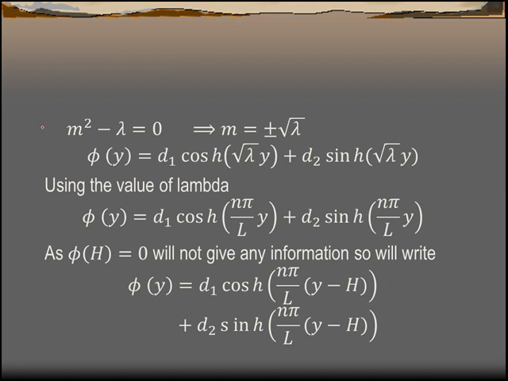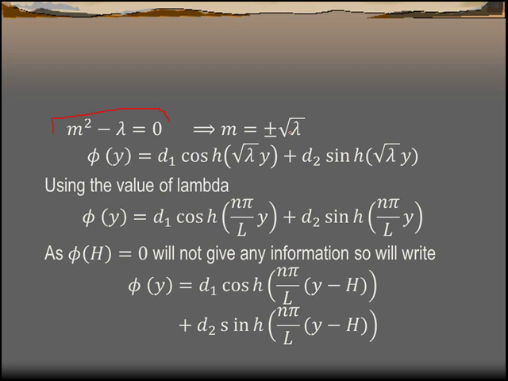Consider the auxiliary equation of the problem. The auxiliary equation gives you two roots, m is equal to plus minus under the root lambda, which is always real. So if the roots of the auxiliary equation are real, you can write the solution in two ways. You can use the exponential form of the solution, or you can use the cos hyperbolic and sin hyperbolic form of the solution.